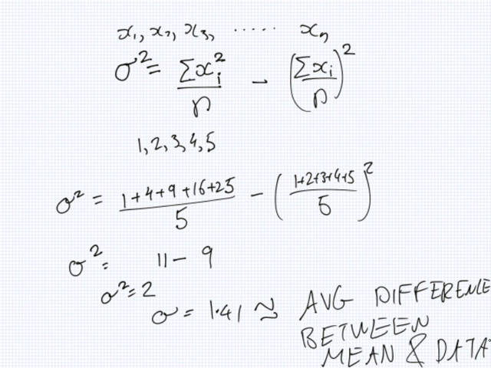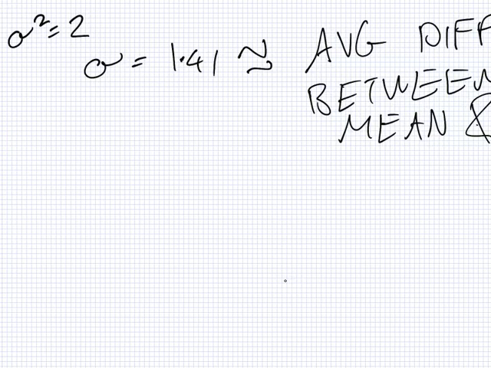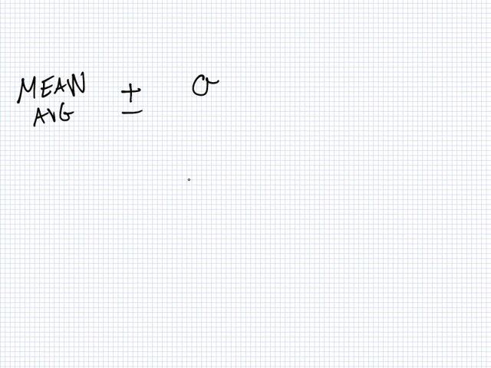You actually did something like this in physics. When you calculated the average and the uncertainty, what you were actually calculating was something like the average and the standard deviation. There are some quite interesting things about the standard deviation. If you calculate the mean average, and then you do plus a standard deviation or minus a standard deviation, in my last example that would have been 3 plus or minus 1.41.